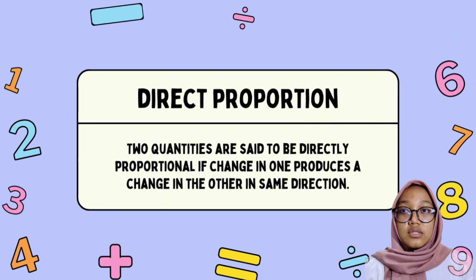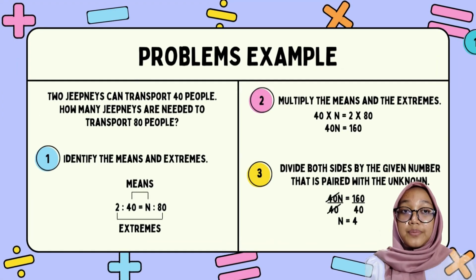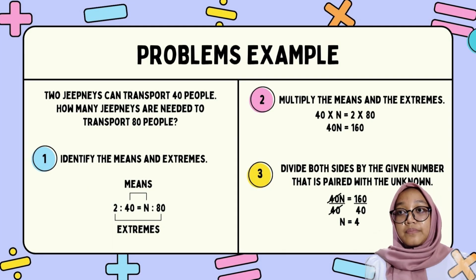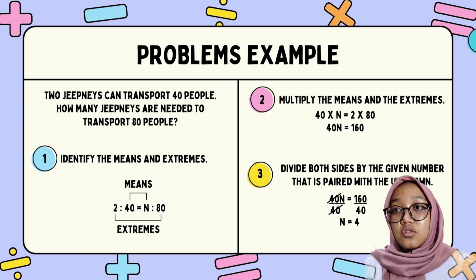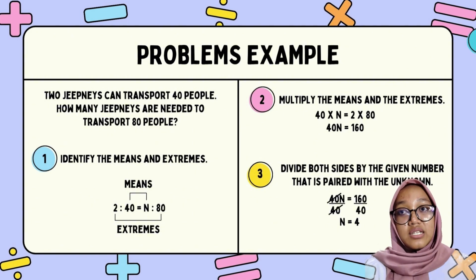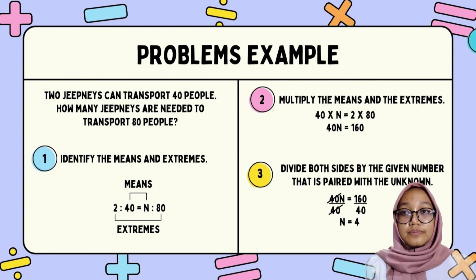So, I will give a problem example. The question is, 2 jeepneys can transport 40 people. So, how many jeepneys are needed to transport 80 people?